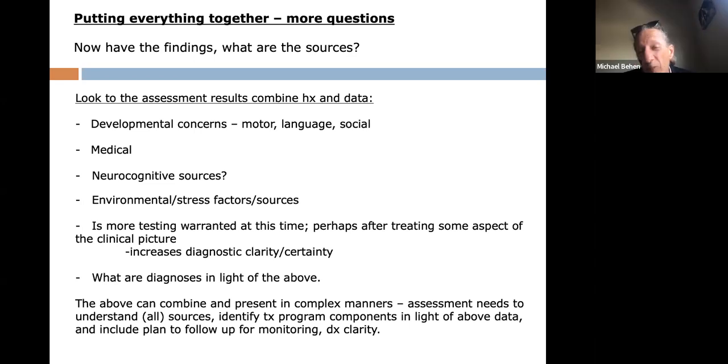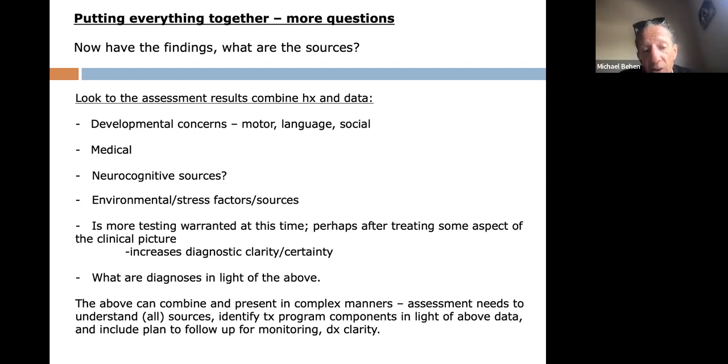So we're going to say we think this is a language problem, but we also can't be certain if there's an attention problem. We're going to say there is, right? And we have evidence for both, but it is possible that the attention problem might be more the result of the language concerns, or an adaptation to the language concerns.